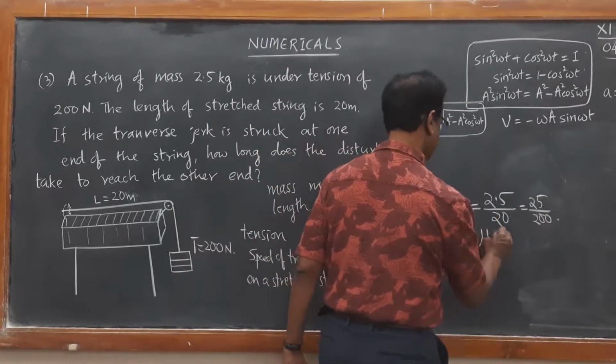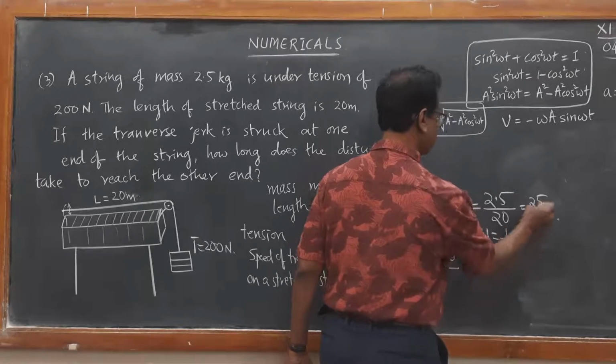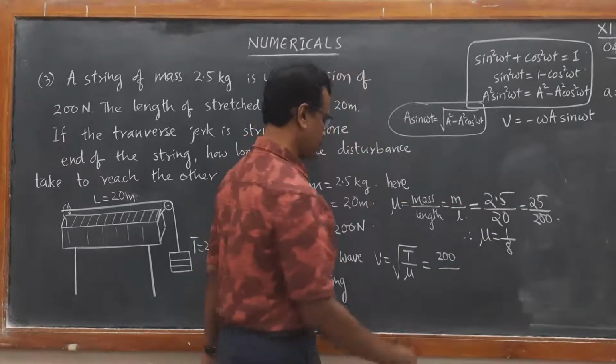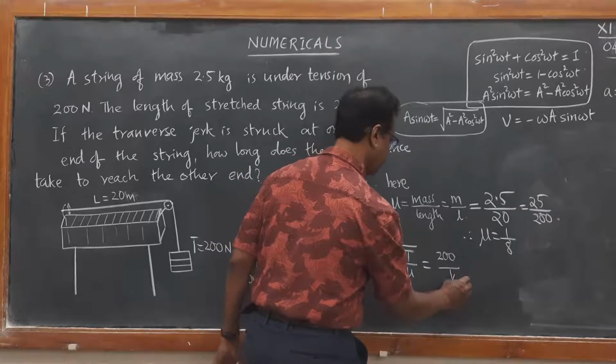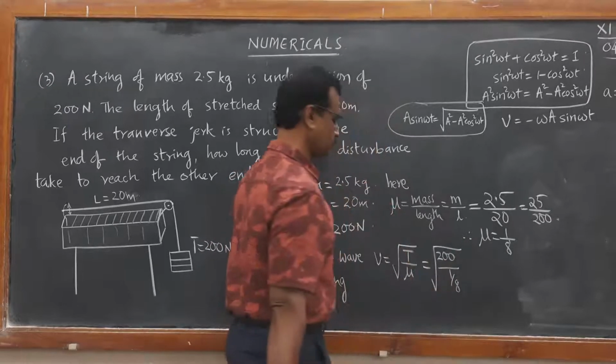Therefore, mu is equal to 1 by 8. So I can write here 1 by 8 under root.